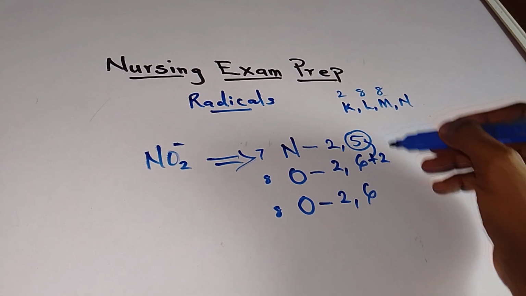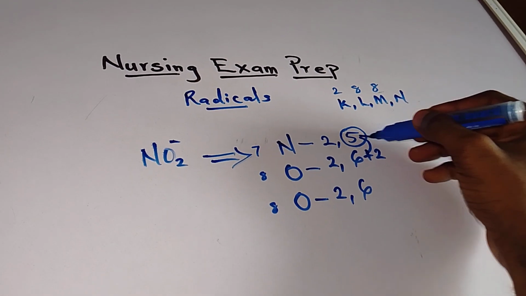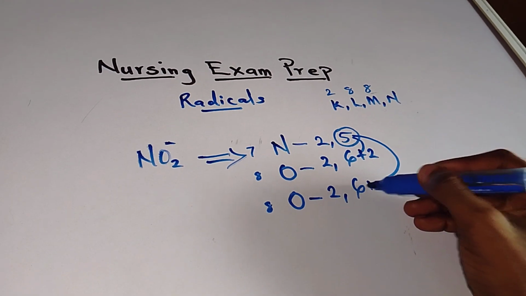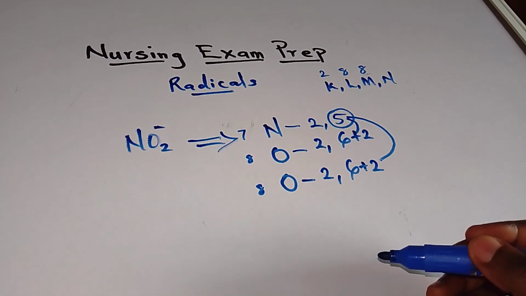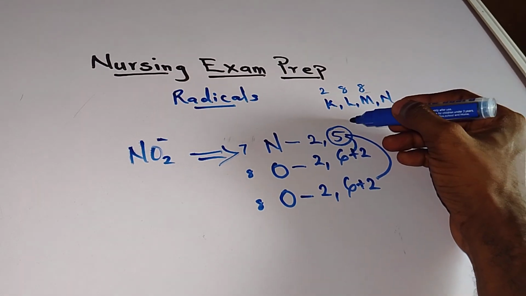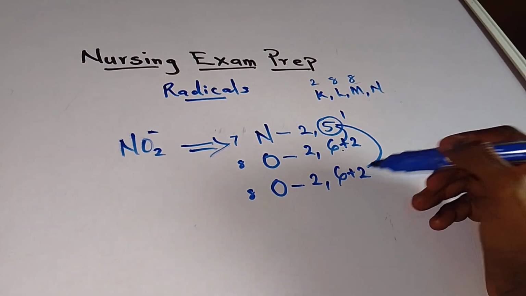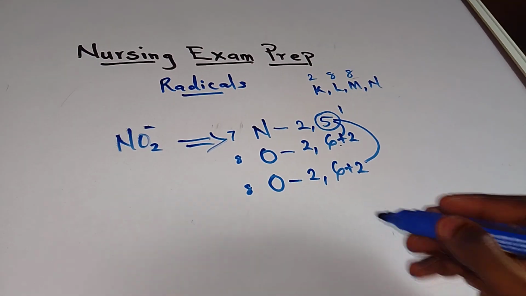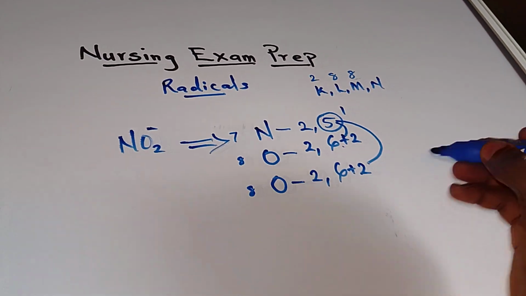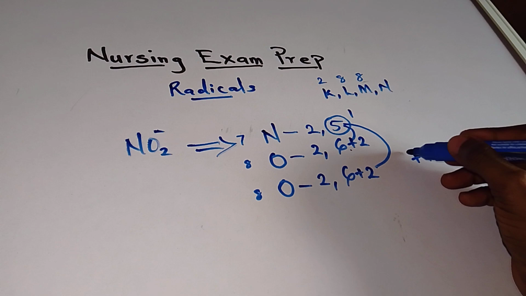Now do the same thing. If you pick 2 out of 5, you are left with 3. So you pick another 2 and give it to this other oxygen. You see that the 5 will be left with 1 after we have taken 2 here and 2 here. This shows that this radical has a valency of 1.